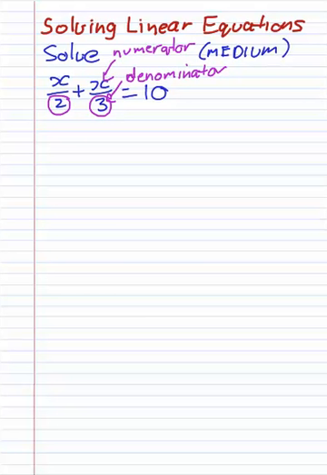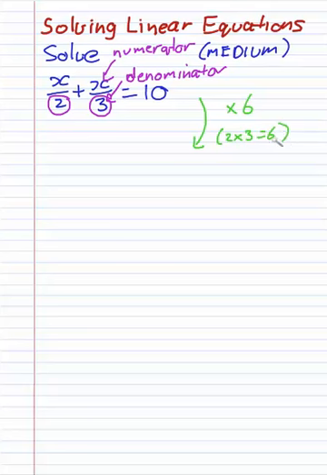Okay, so how do you remove them? Well, if you wanted to remove the 2, you'd multiply both sides of the equation by 2. If you want to remove the 3, you'd multiply both sides of the equation by 3. What I think we actually need to do to begin with is to multiply both sides of this equation by 6, of course, because 6 is 2 times 3.